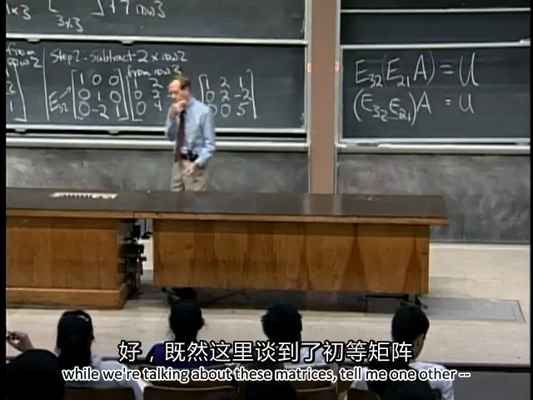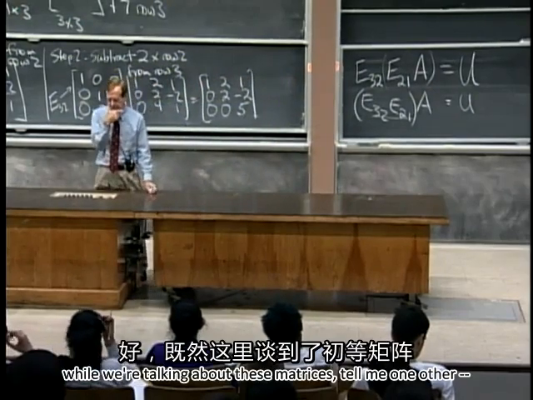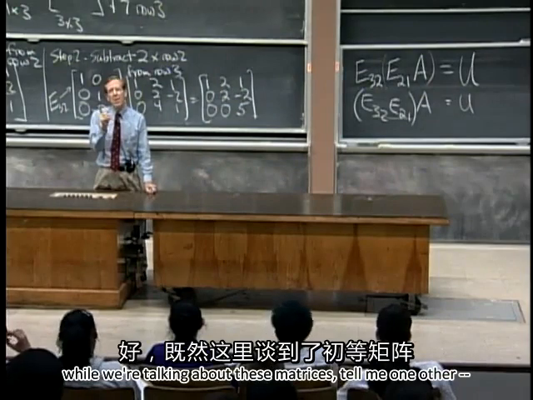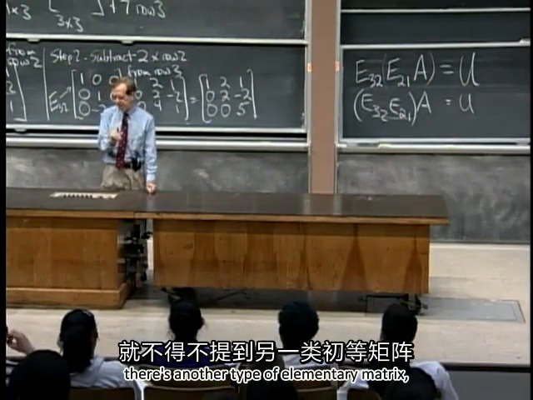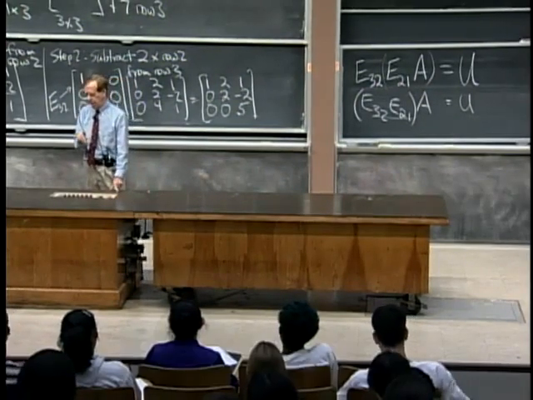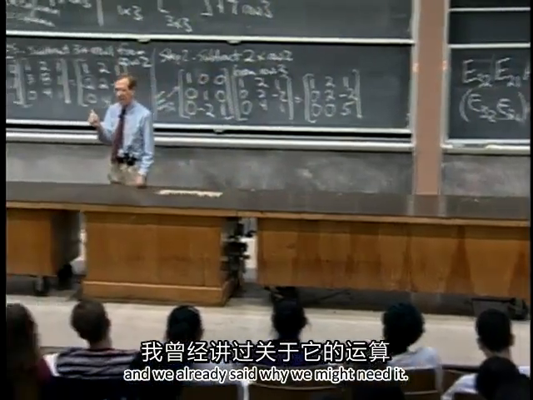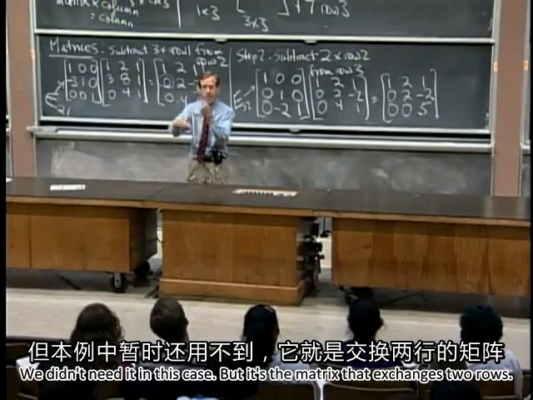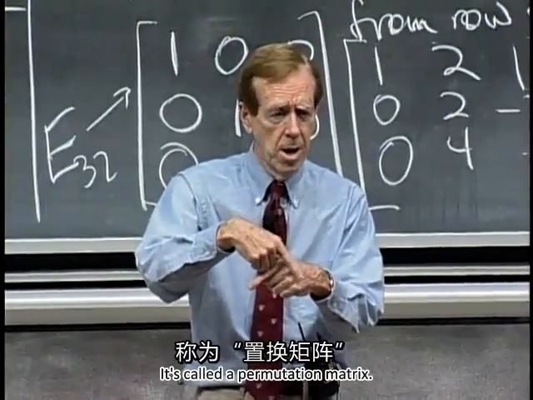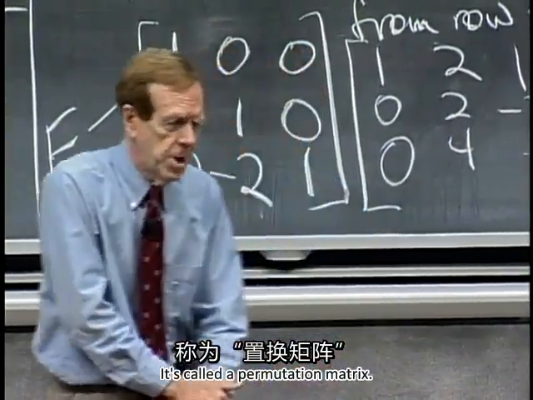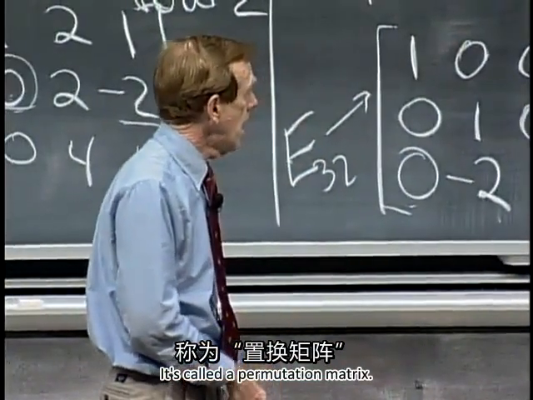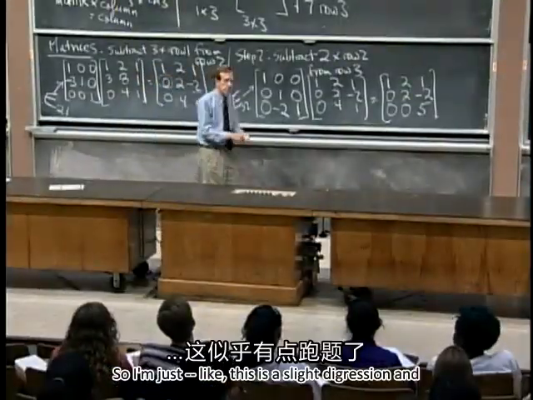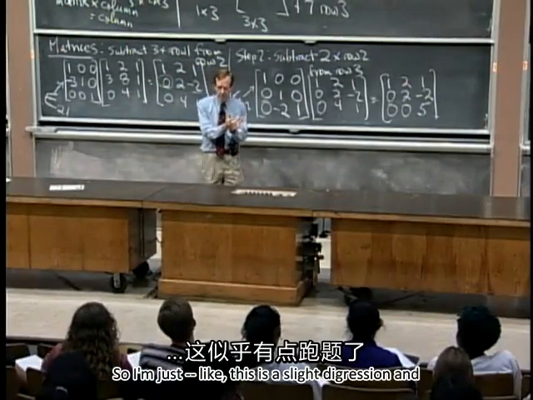Now, while we're talking about these matrices, there's another type of elementary matrix, and we already said why we might need it. We didn't need it in this case, but it's the matrix that exchanges two rows. It's called a permutation matrix. Can you just tell me what that would be? So this is a slight digression.